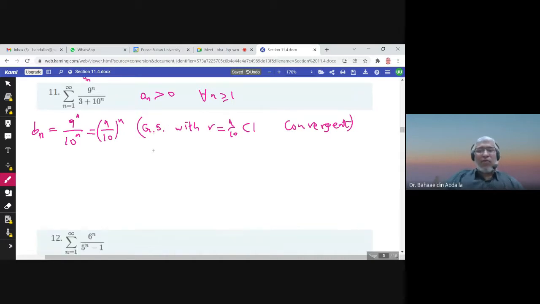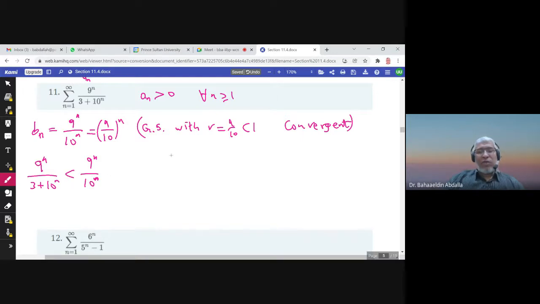Now we have to show that a_n is less than b_n because b_n is convergent. So 9 to the power n over (3 + 10 to the power n). Can I write it less than 9 to the power n over 10 to the power n? And yes, because I'm removing 3 here.